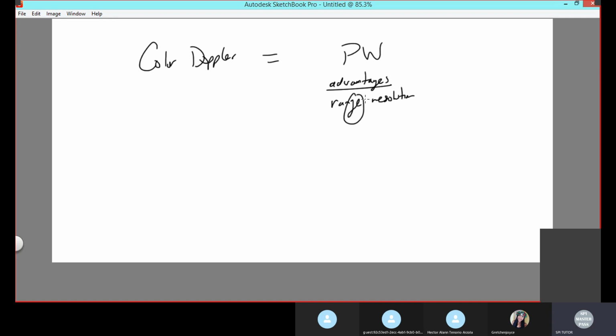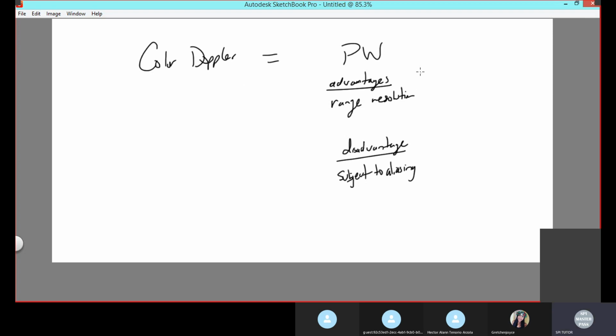Oh, look at that cursive right there. Range resolution. And the disadvantage was that it's subject to aliasing. So that was the advantage and disadvantage to pulse wave. Color Doppler, same thing. It has the advantage of range resolution and the disadvantage of aliasing.